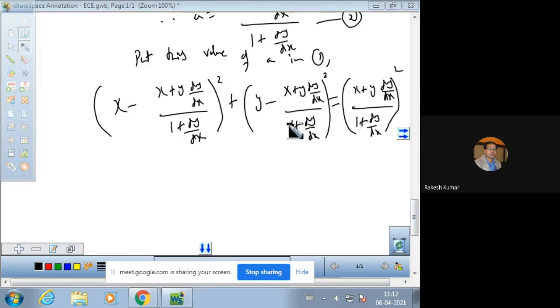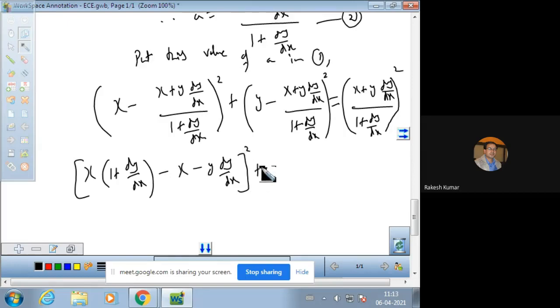Now, if you see, on both sides the denominator is the same and it is a whole square. So on both sides, the whole square of the denominator can be cancelled, and ultimately you will have x into (1 plus dy by dx) making all the terms negative here: (x minus y dy by dx) whole square, plus, in the same way, (y plus y dy by dx minus y dy by dx) whole square.